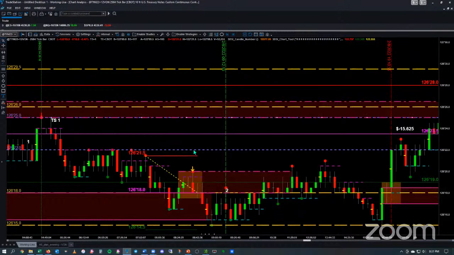Okay. And then your trail stop goes to the high here. I should have labeled that trail stop 2, because this is where price exits. It hits that stop. And in this scenario, your total loss is $15.